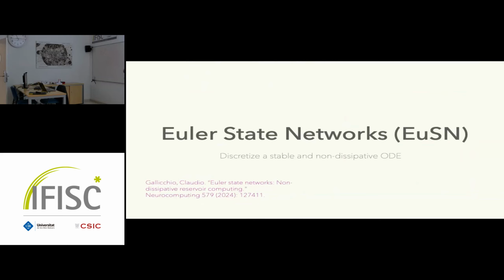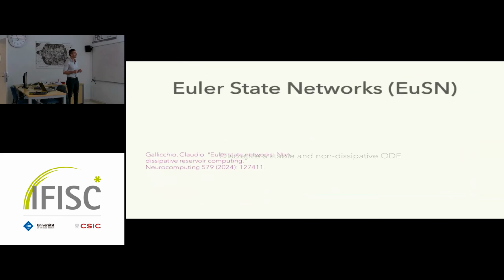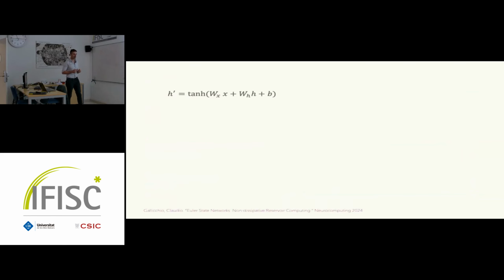Okay. The second kind of model that I would like to discuss is the Euler state network, which is based on discretizing a stable and non-dissipative ODE. This is also work from this year. All of these works are from 2024. So basically, what do we do in this case? We start from the ODE equation, or the version of the state transition function. So my reservoir now is a continuous time reservoir, right?